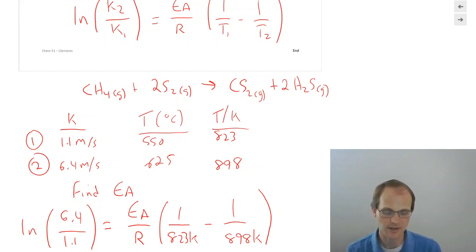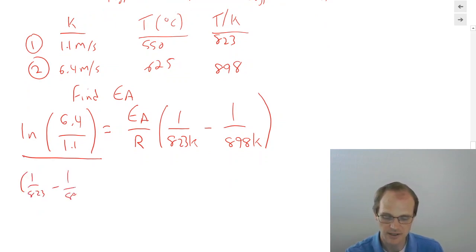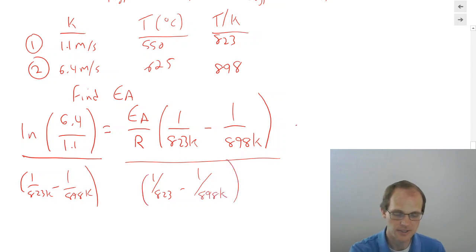Plug the natural log of 6.4 over 1.1 into a calculator, plug 1 over 823 minus 1 over 898 into a calculator, divide those two out, and then multiply both sides by R.